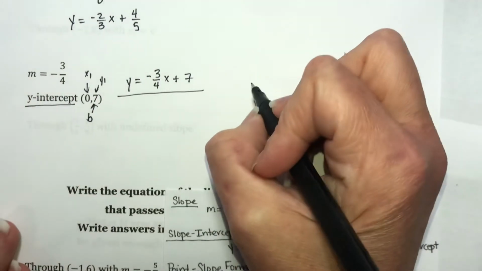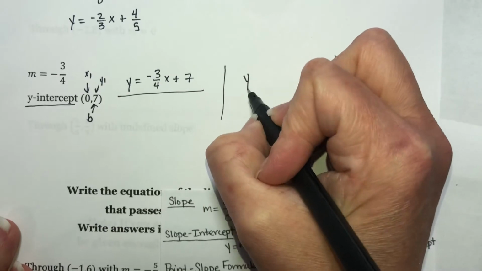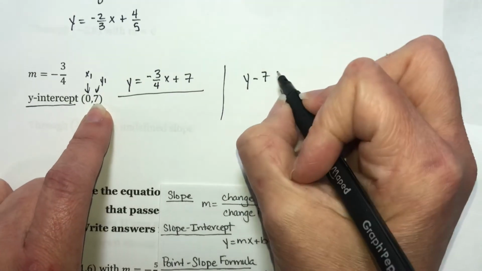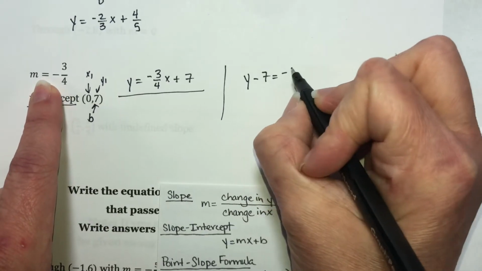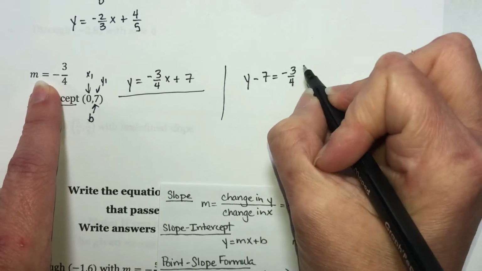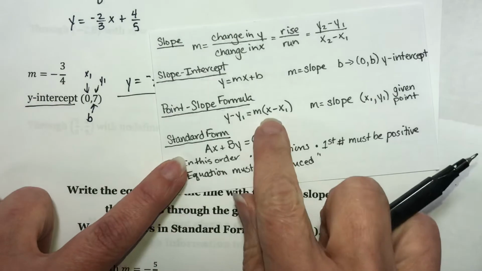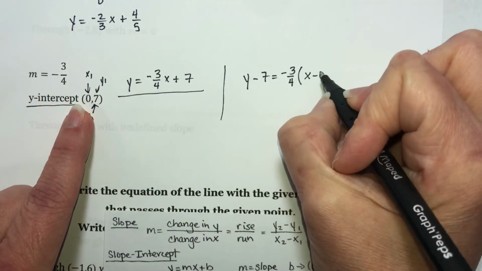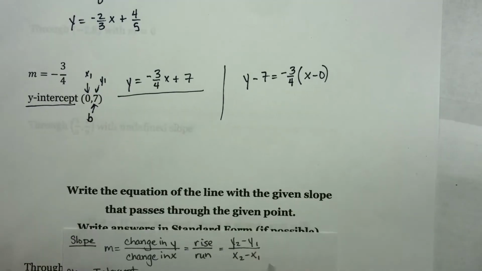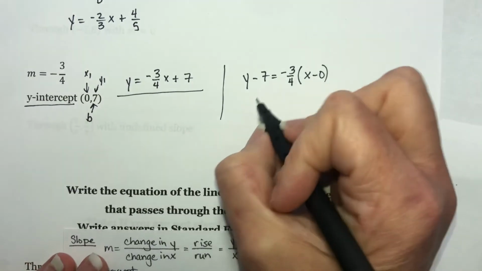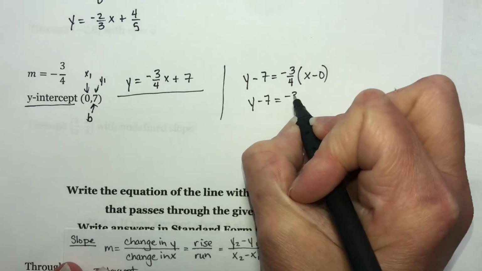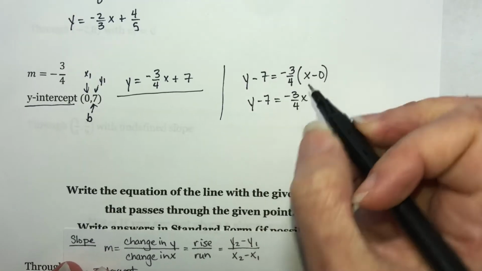So, y minus y1, which is 7, is equal to the slope, -3/4, times x minus x1. x1 is 0. Well, x minus 0 is just x, so I get y minus 7 equals -3/4 x.